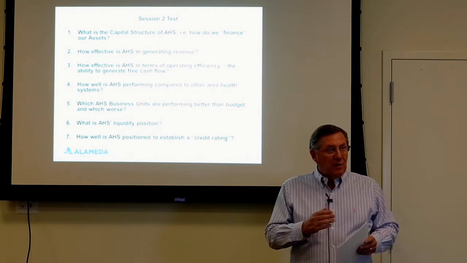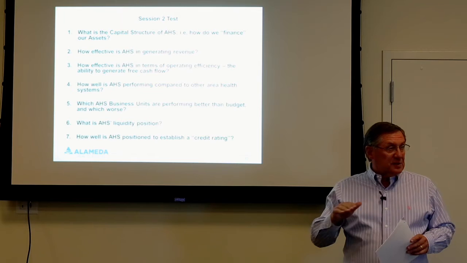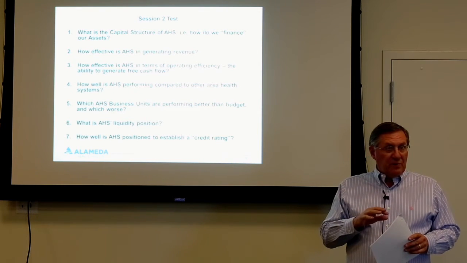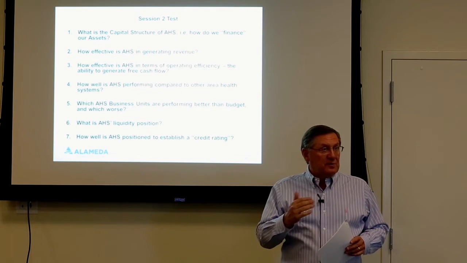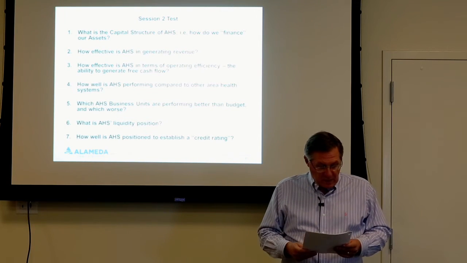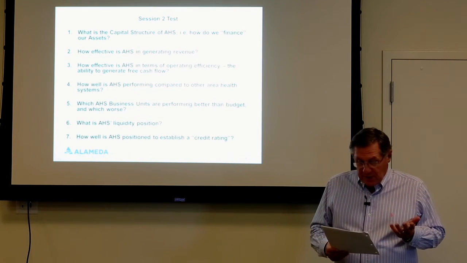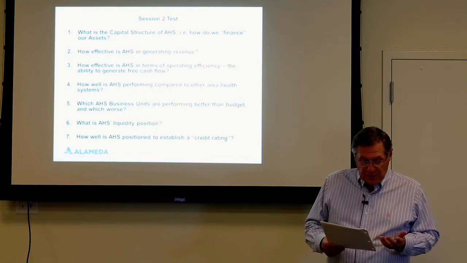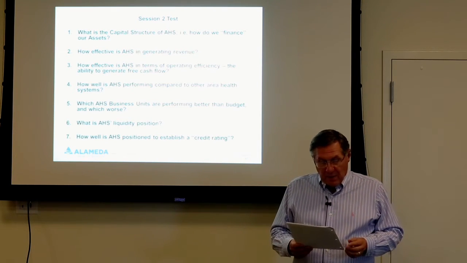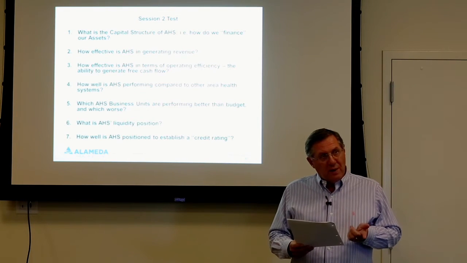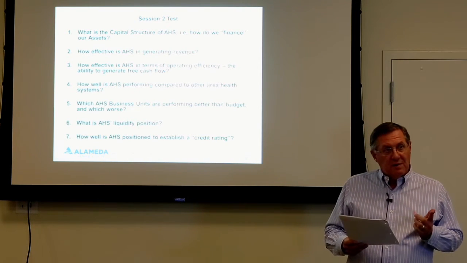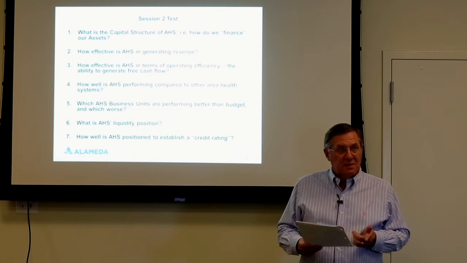Because volumes drive revenue, they also drive expenses. So if we want to understand what's going on in revenue and expenses, the first thing is we have to understand the volumes. Patient activity has been strong. Gross charges are strong. But ambulatory visits are below budget.